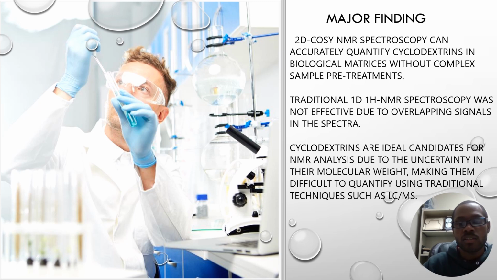And the study also tells us that cyclodextrins are ideal candidates for NMR analysis due to their low UV absorbance and molecular weight, making them difficult to quantify using traditional techniques such as LC and mass spec.